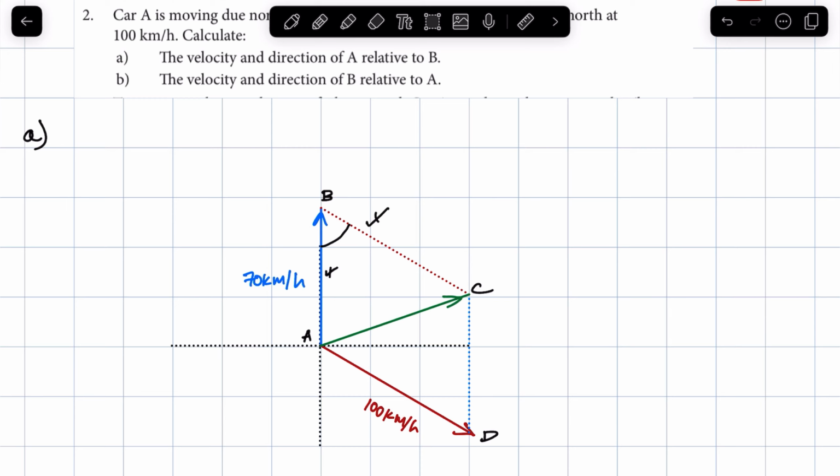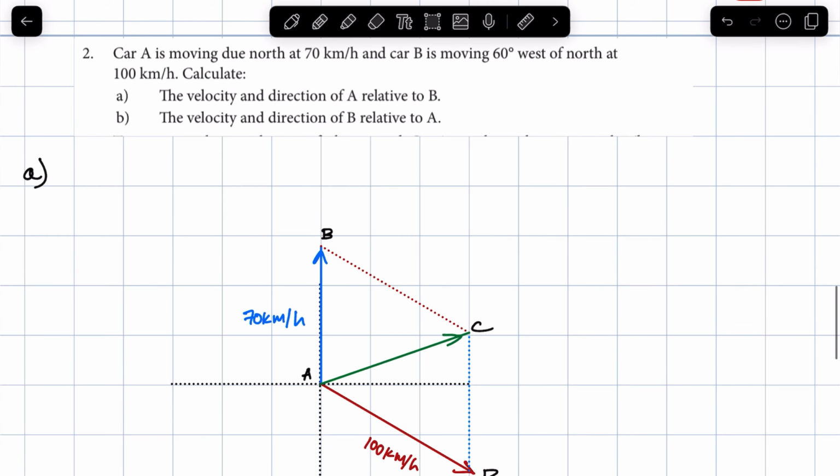Because we know the two vectors, the angle between them, if we had that angle, it would then become what? An included angle. Hence, we'd use the cosine rule. Then the sine rule we use if we have an angle that is not an included angle.